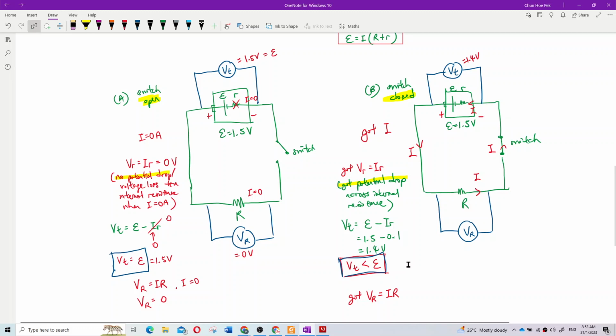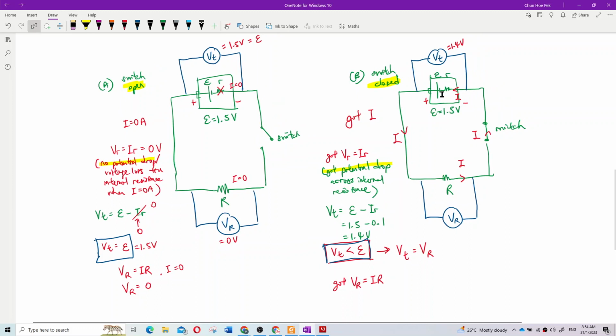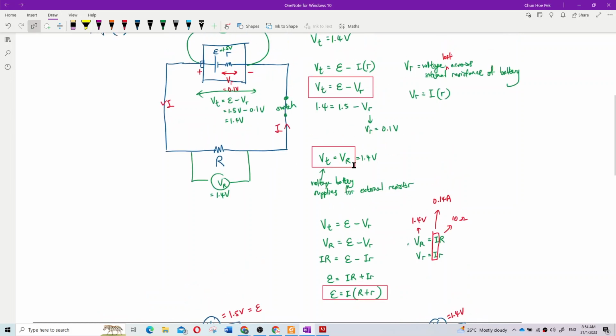Okay. And then what else, this one has VR equal to IR. And also we can say that the terminal voltage for this case is actually equal to VR. Understand? Instead of equal to EMF, now the terminal voltage equals VR, like I explained just now.